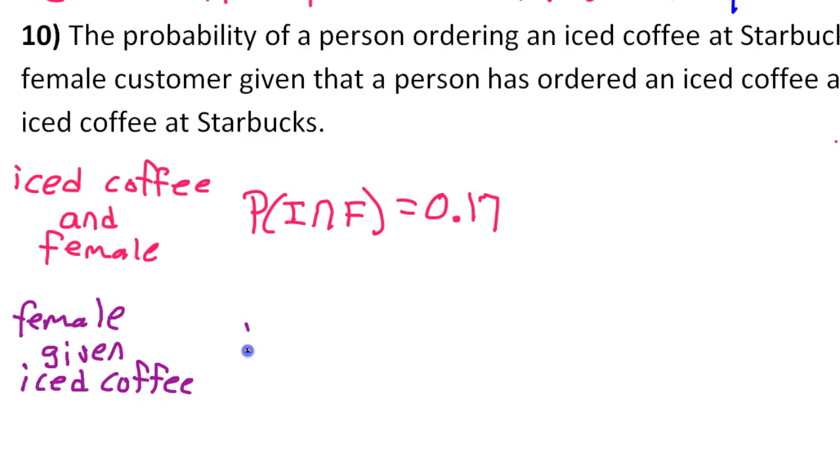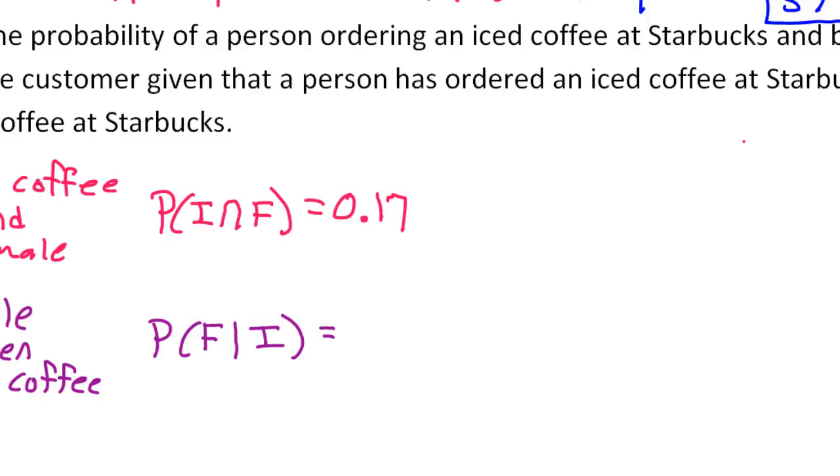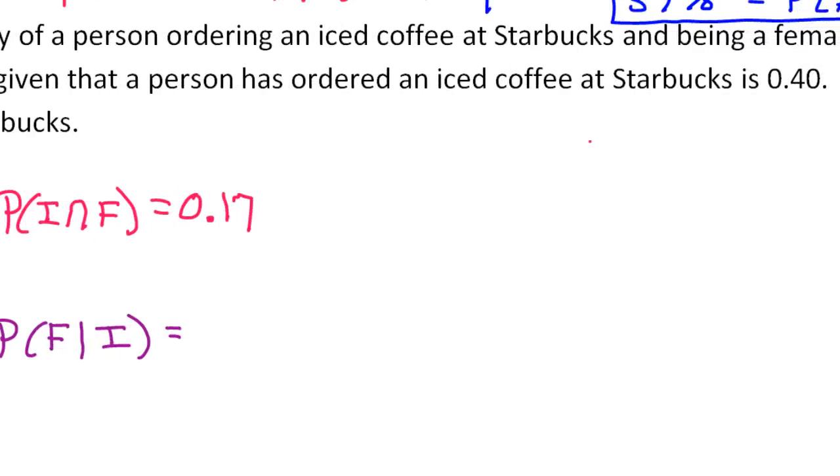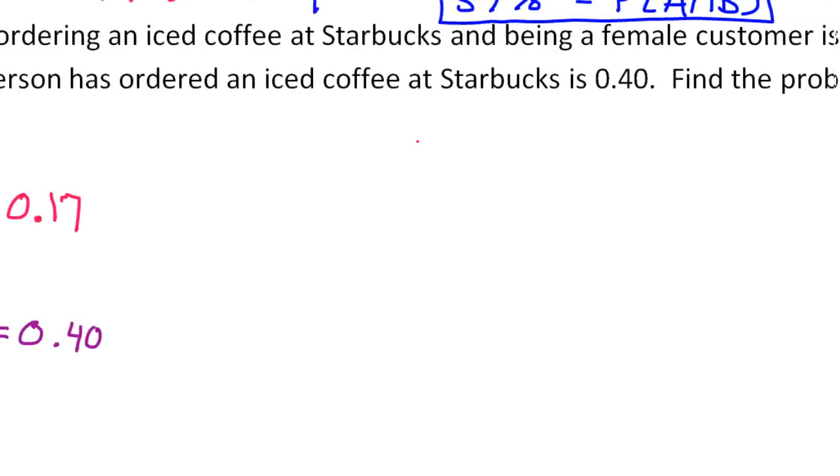Alright, so the probability that a person is female given that they ordered iced coffee at Starbucks is 0.40. Okay, that's what we have so far.